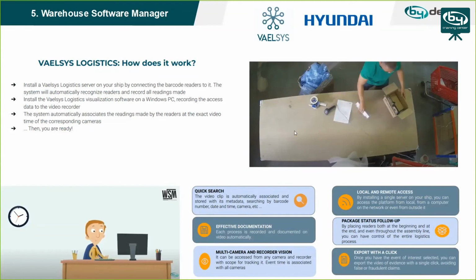This Vaelsys Logistic visualization software has to be installed on a Windows PC, and then it can record the data on the recorder. So let's say you connect the camera with this system.